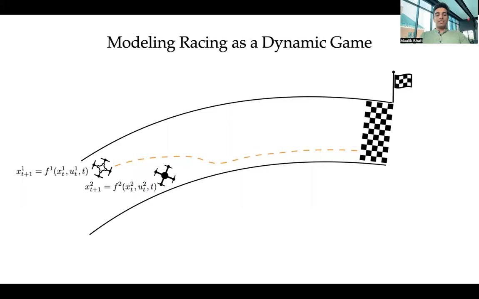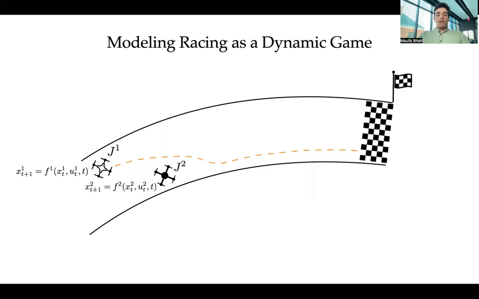We assume that each agent has their own dynamics and their own cost functions. Here, X represents the state, F represents the dynamics, and U represents the control. Subscripts are used to denote time steps, and superscripts are used to denote the agent indexes. And J is the objective for each agent.